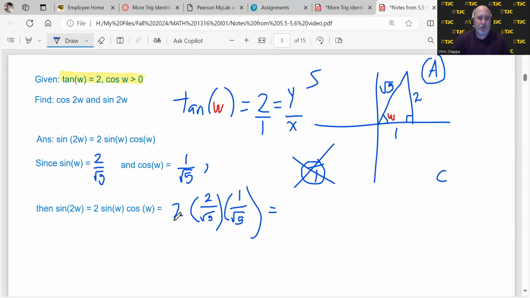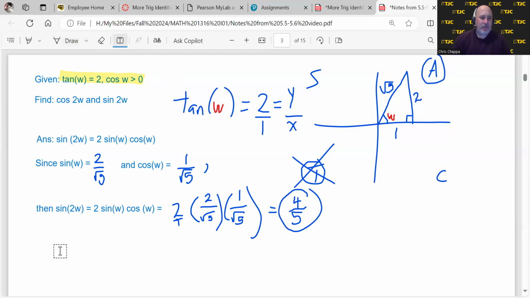And if we put the 2 in front over a 1 to treat it like a fraction, then we just multiply across the top to get 2 times 1 is 4, and multiply across the bottom to get 1 times the square root of 5 times the square root of 5 is 5. There's the value of sine of 2w.